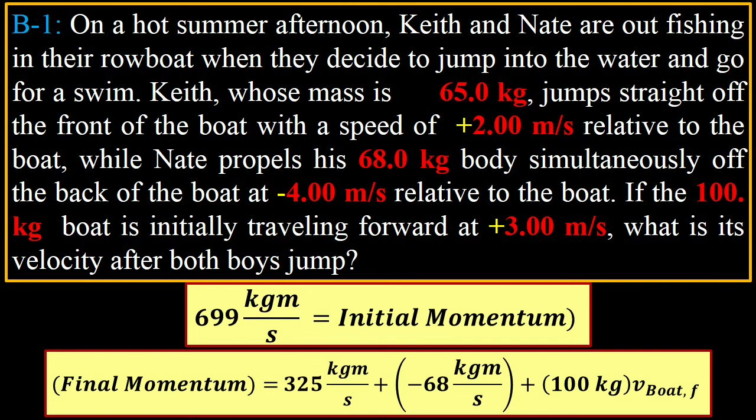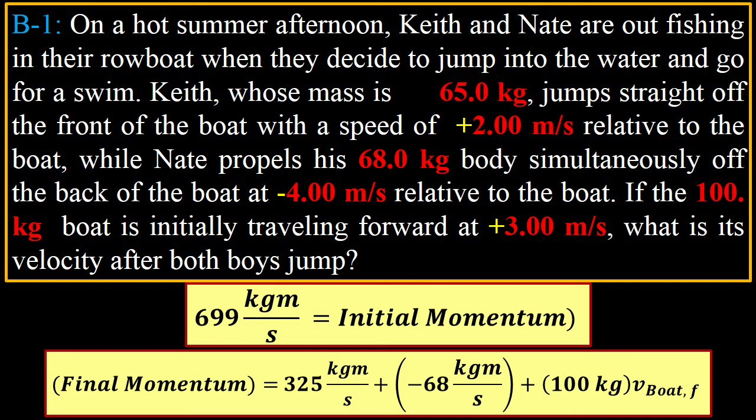Now what we'll do is simplify each of those. The initial momentum is simplified to 699 kilogram meters per second. That's an actual momentum, right? And the final momentum is, so far, simplified to that expression. We can add 325 plus a negative 68. That will further simplify that.